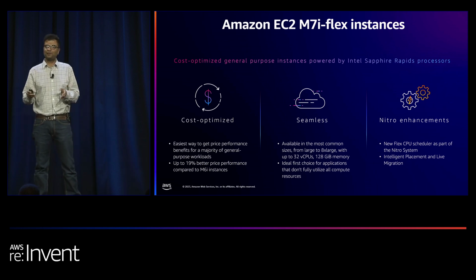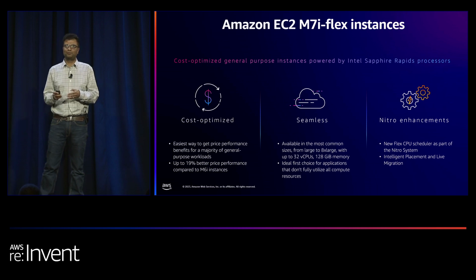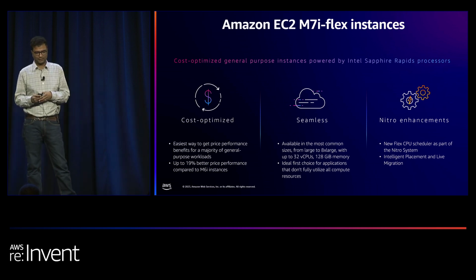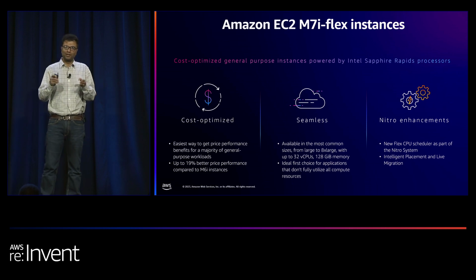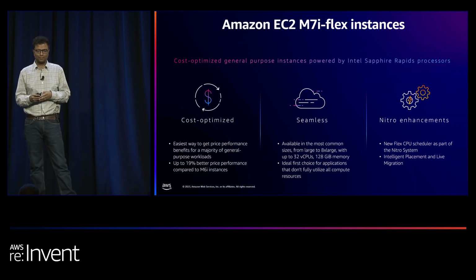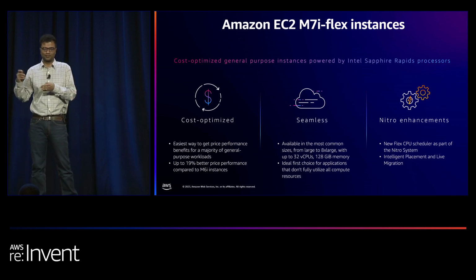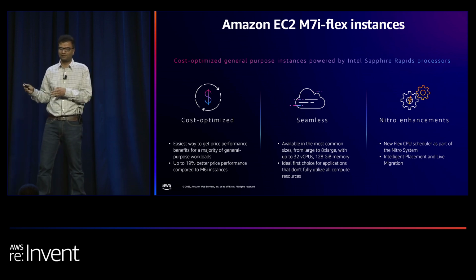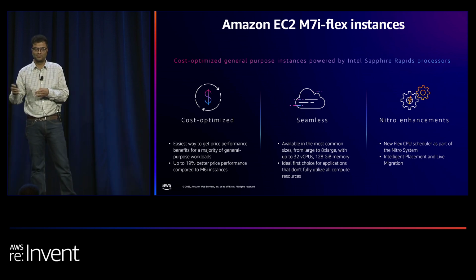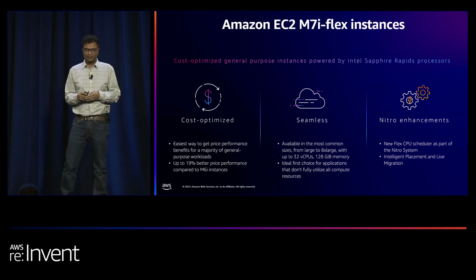Now, M7i Flex was possible, and we were able to deliver it quickly because we had the Nitro System. There is a new Flex CPU scheduler which was built as a part of the Nitro System. The Nitro hypervisor runs this new Flex CPU scheduler, which ensures that at a server level, the M7i Flex instances get the CPUs that they need instantly.